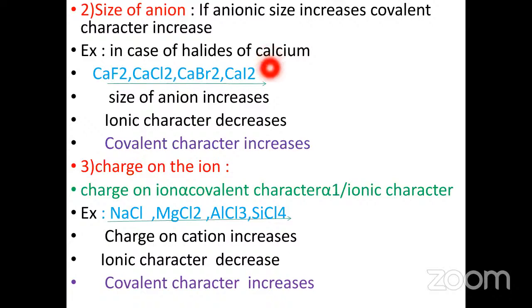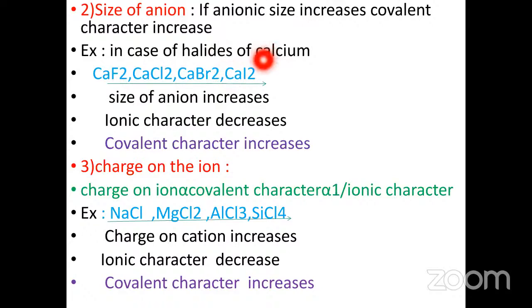Those are all halogens. We know that. If these are divided into calcium and fluorine, we get fluoride ion; here chloride ions, bromide ions, and iodide ions.